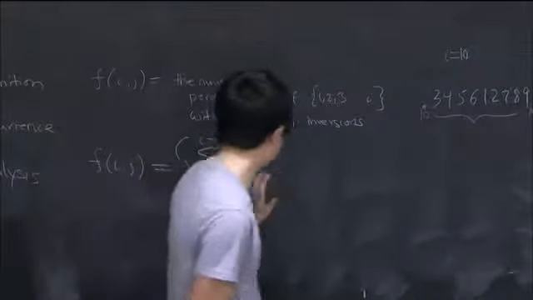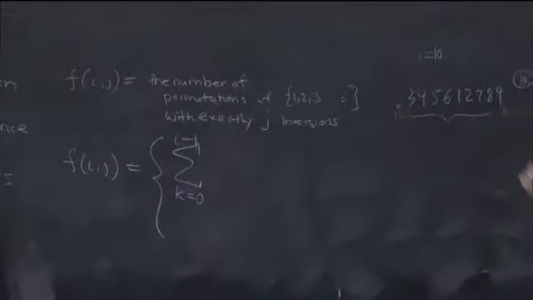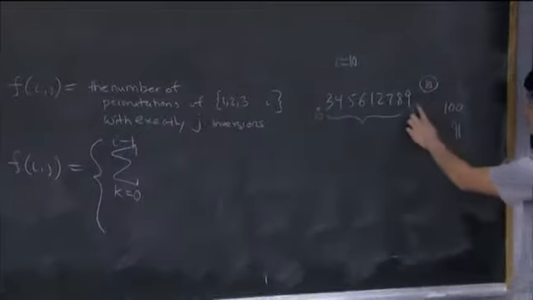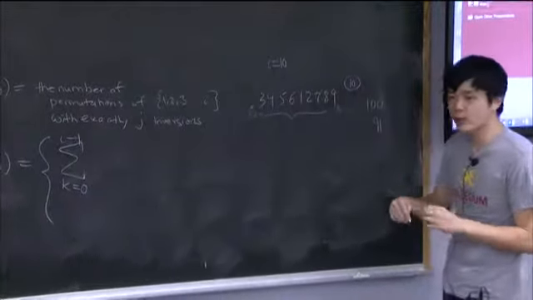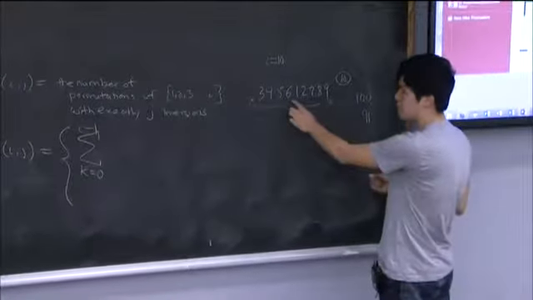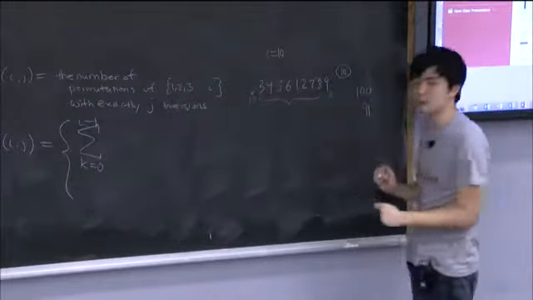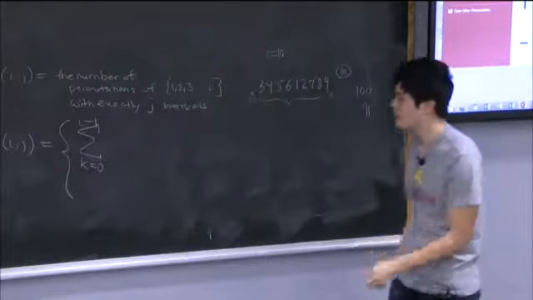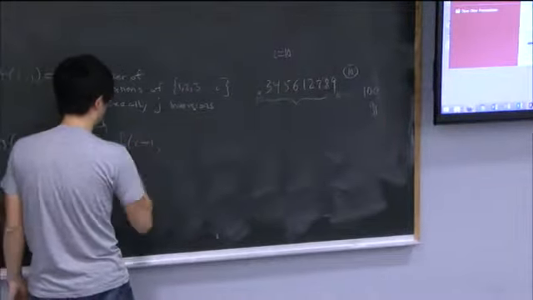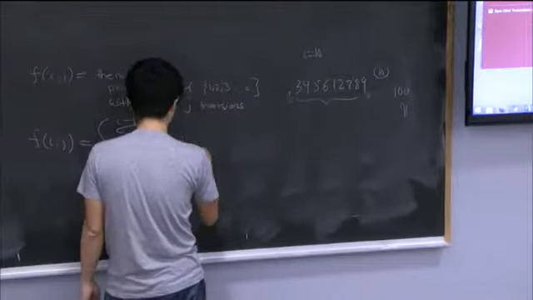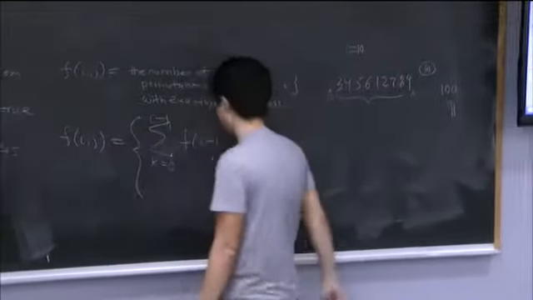The intuition behind k is which slot I'm inserting it in. I'll call this slot 0, slot 1, slot 2, dot dot dot, slot 9. Inserting the 10 into slot k will create new inversions. So this is going to be the summation of f of i minus 1, comma, j minus k.